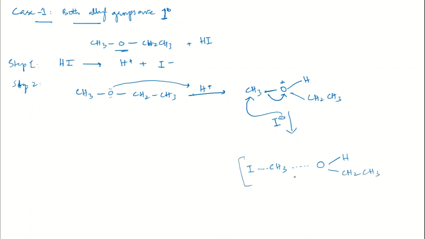So this is the transition state that we are obtaining, and the final product in the reaction will be CH3I, methyl iodide, and ethanol, CH2 CH3 OH. So methyl iodide and ethanol are the products in this reaction.